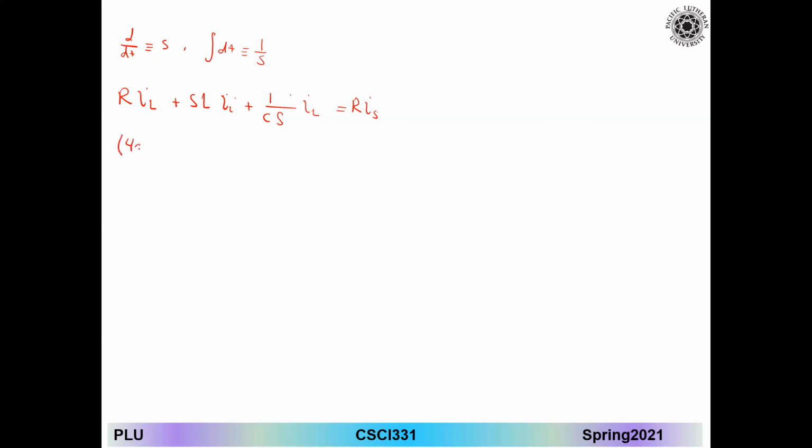So here it's gonna be 40 plus S times L, which will be 100 milli S, plus I have 1 over third, which would be 3 times 10 to the power 3, because of 1 over S. And the entire quantity times IL equals 40 IS. Agree with that?